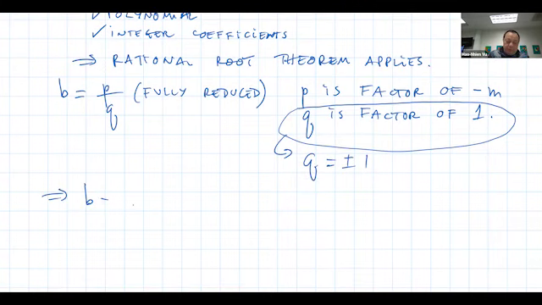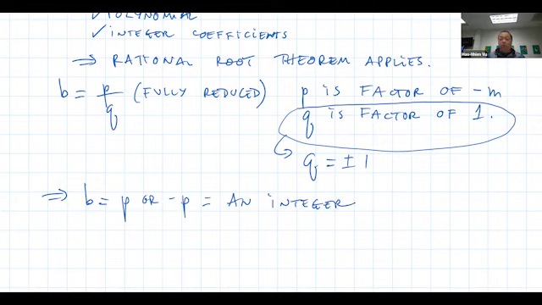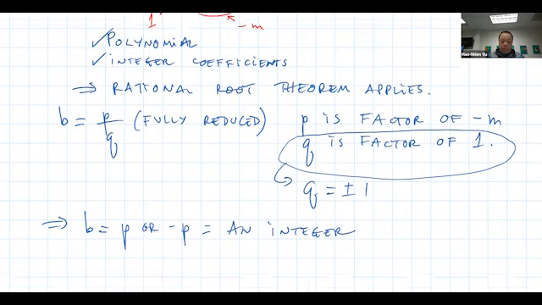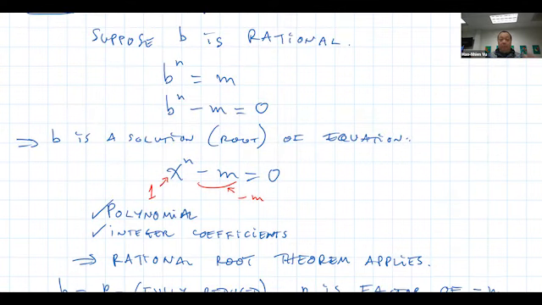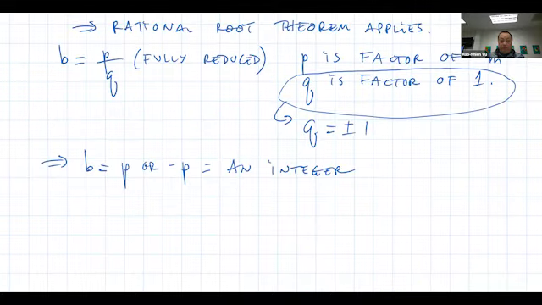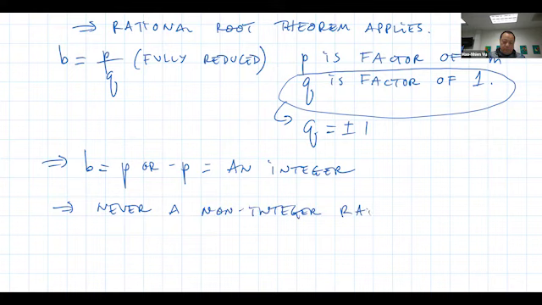That means b is equal to plus or minus p, which is an integer. We supposed that b is rational, and then we've proven that b is an integer. Therefore, b is not a non-integer rational number. Which is what we needed to prove.